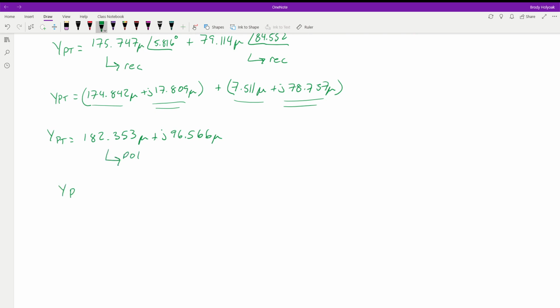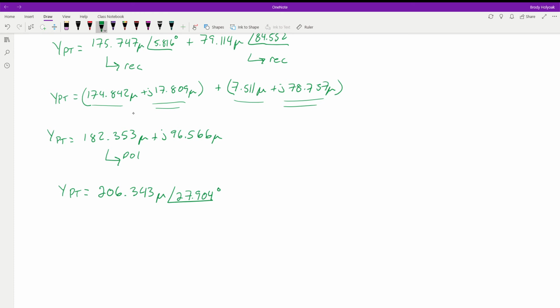So the admittance parallel total, once we convert this rectangular value into polar, is going to be 206.343 micro at an angle of 27.904 degrees.